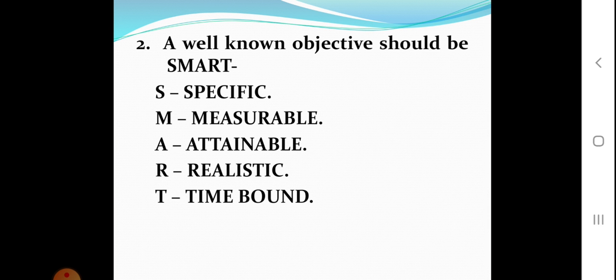Or realistic, able to obtain the level of change reflected in the objectives. Last one, time bound, stating the time period in which each will be completed or accomplished.